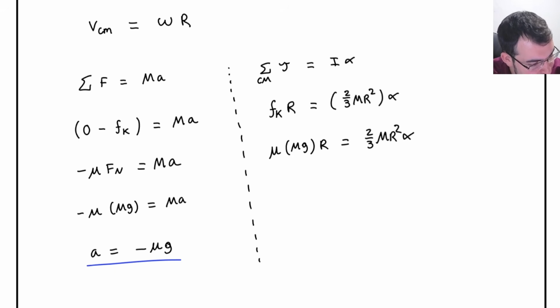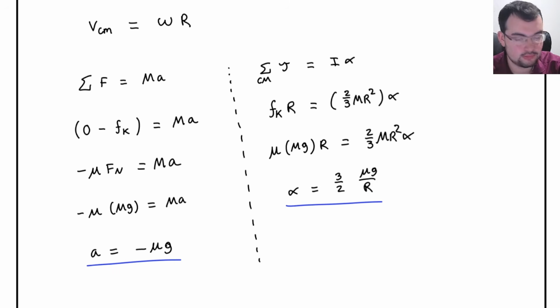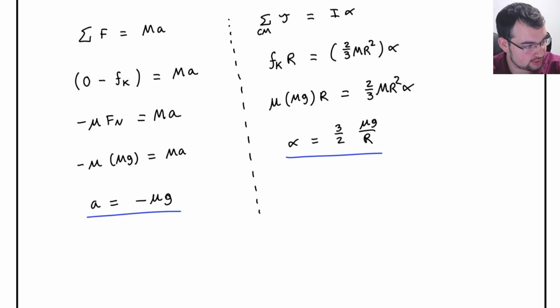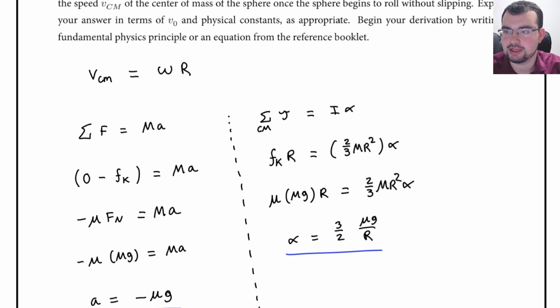You can do some canceling, and we get alpha is equal to 3/2 mu g over r. Right, because we bring the 2/3 to the other side, we cancel an m, we cancel one of the r's, and we know that our units should not totally match, right? Because we have a mu g for linear acceleration, and then we're dividing by another factor of r for the rotational. All right, that's acceleration for each of these.